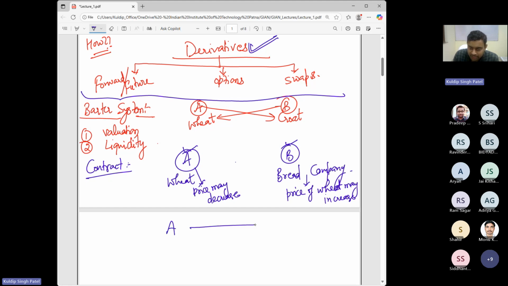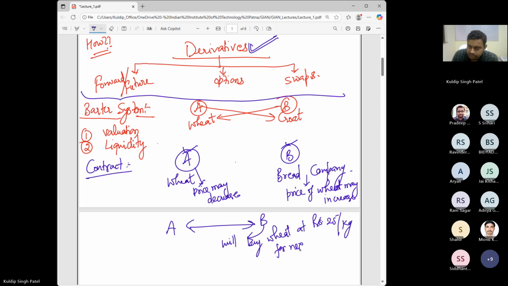So what happens? A and B both met, and B said, I will buy this wheat of yours at maybe rupees 25 per kg for the next 1 year.